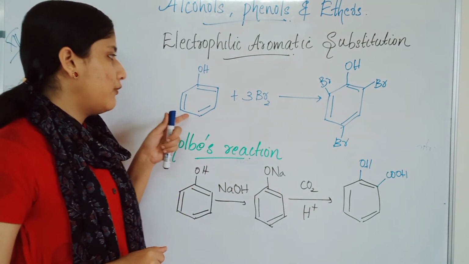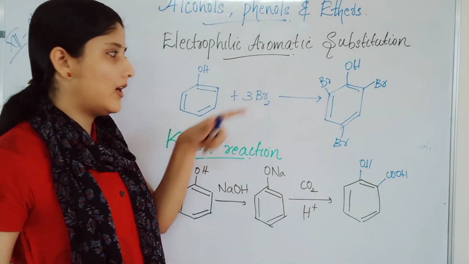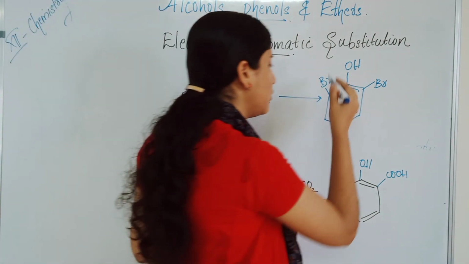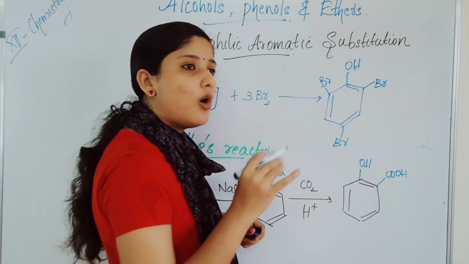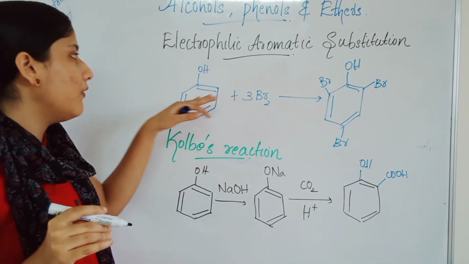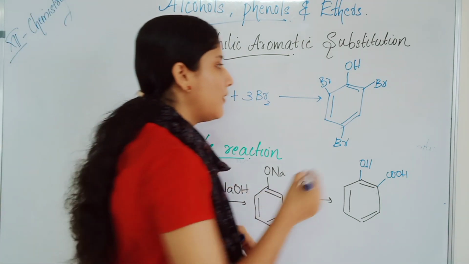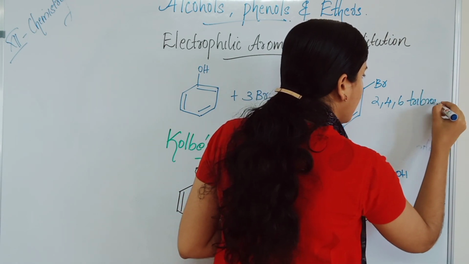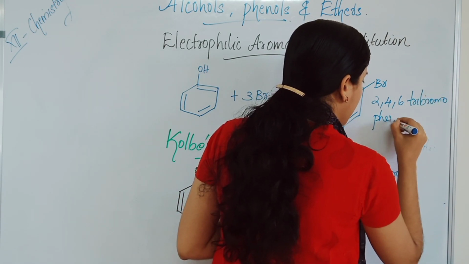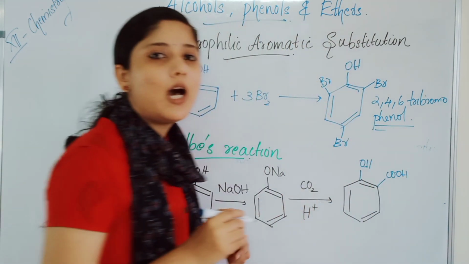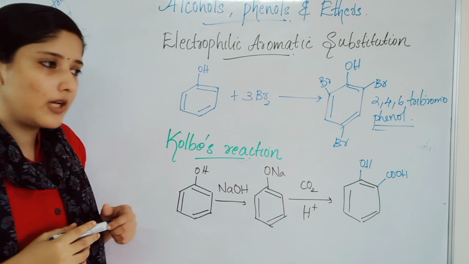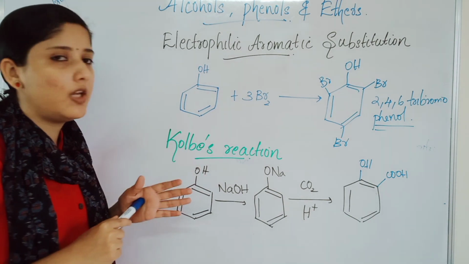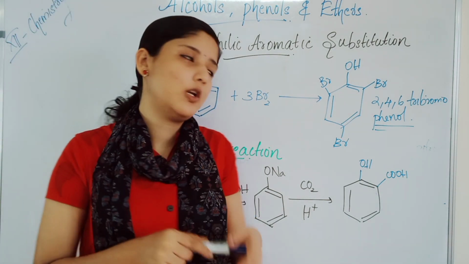When we halogenate phenol with 3Br2, we will get 2,4,6-tribromophenol, similar to 2,4,6-trinitrophenol with concentrated nitric acid. Bromine in carbon disulfide will give the ortho and para products, but adding 3 bromine to phenol will give 2,4,6-tribromophenol.